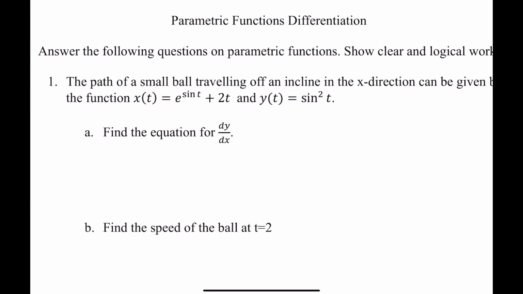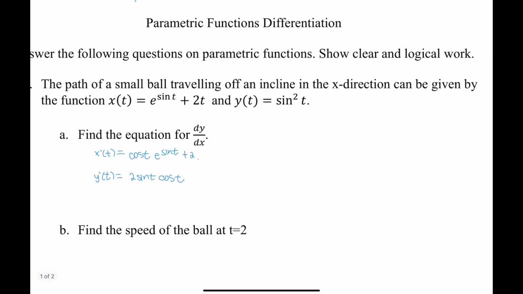So what we're going to do is x prime t first, which is going to be cosine t e to the sine t plus 2, right? And then y prime t is going to be 2 sine t cosine t, right?